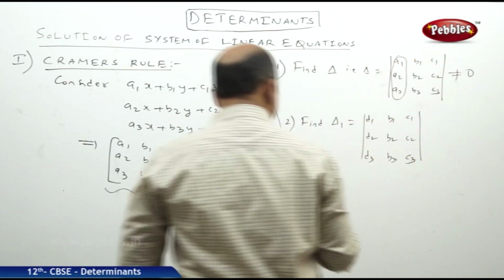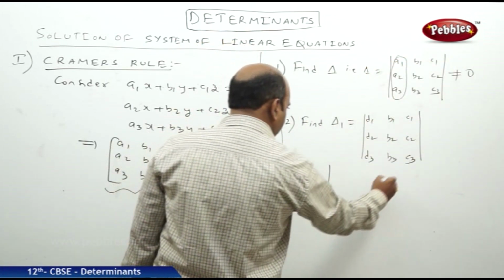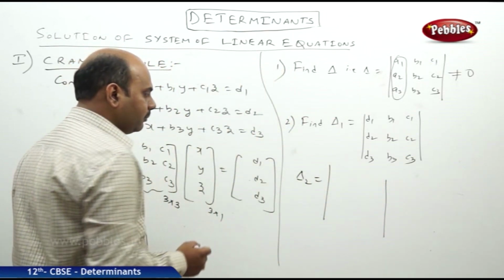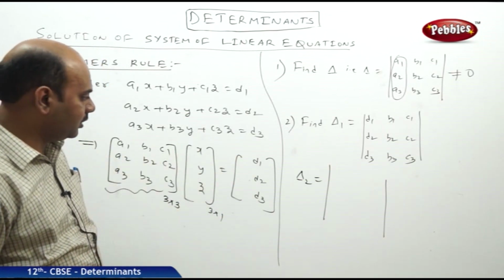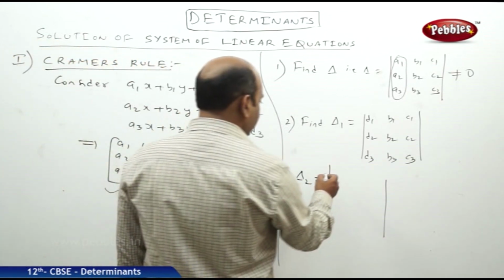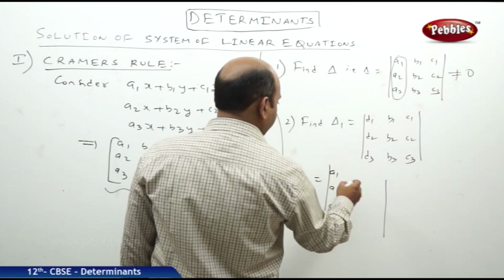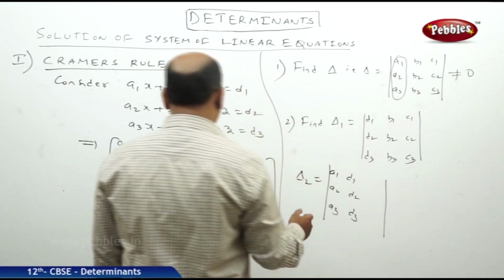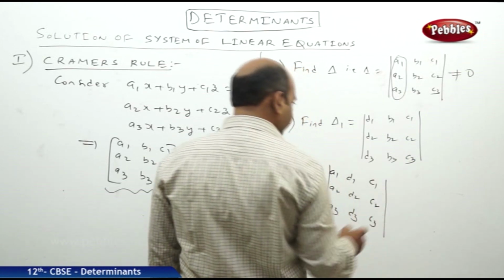And later I need to find delta 2. How is delta 2 obtained? You need to replace b1, b2, b3 by d1, d2, d3, that means the second column should be replaced by d1, d2, d3. So here a1, a2, a3, and here d1, d2, d3, and here c1, c2, c3.